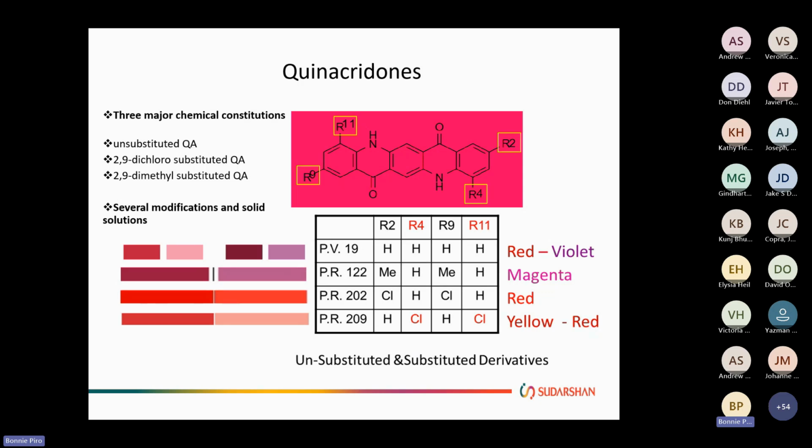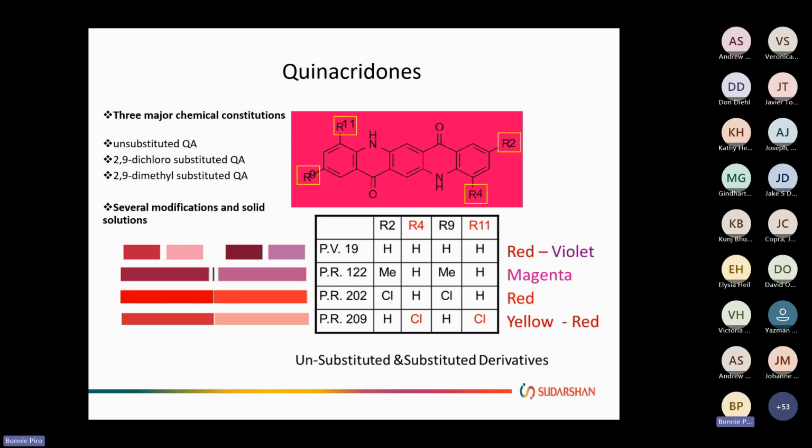The unsubstituted, which is the Pigment Violet 19, the dichloro and the dimethyl substituted are the other two areas where they're very important. Of course, there are also modifications in solid solutions using quinacridones, but they're not as predominant as these others.